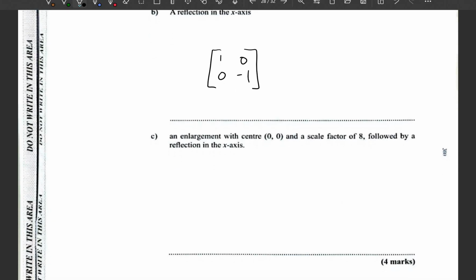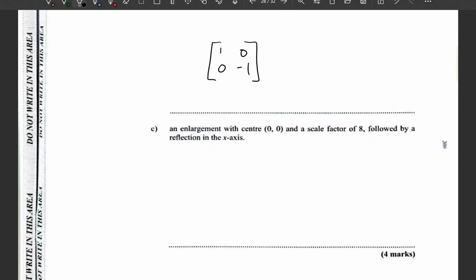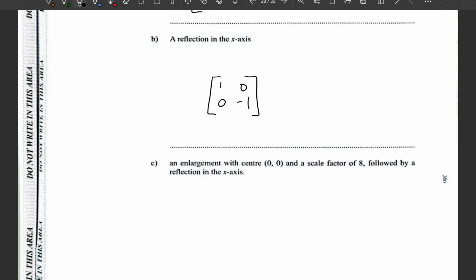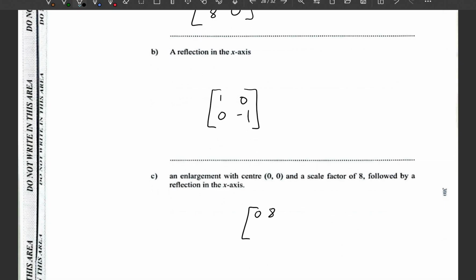Part C, an enlargement with center 0, 0 and scale factor 8, followed by a reflection in the x-axis. First we're going to have the enlargement, that's 8, 0, 0, 8, and after that we're going to apply the flip in the x-axis.